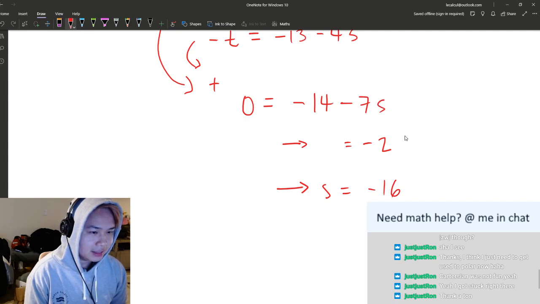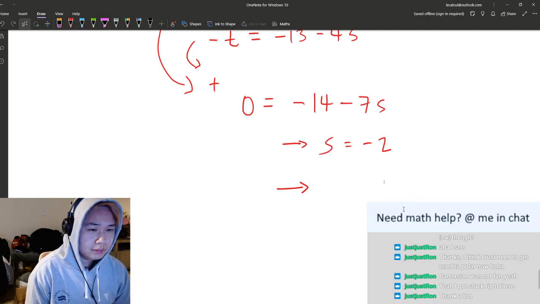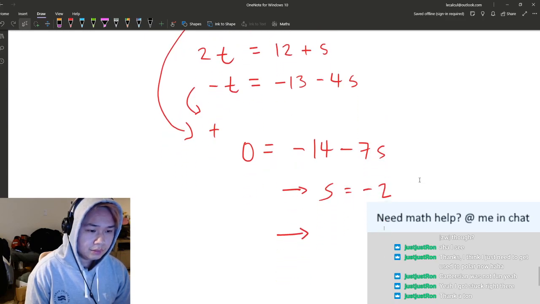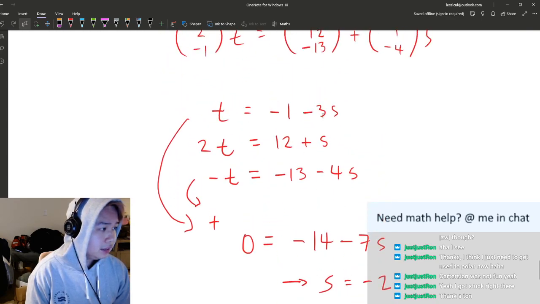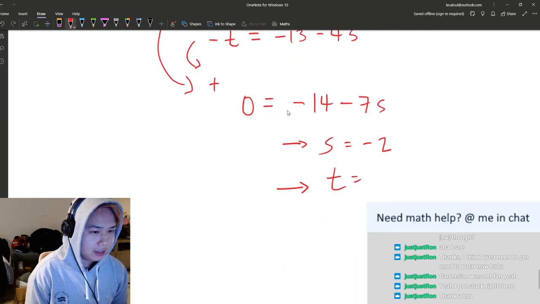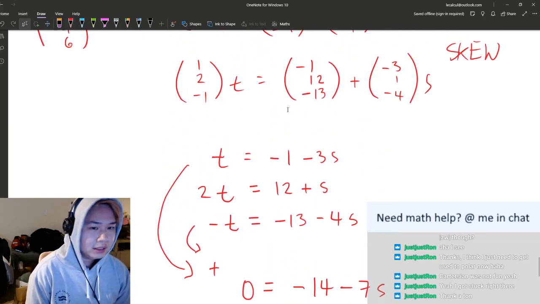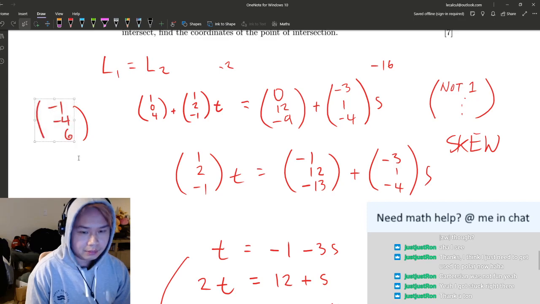This was supposed to be s, so then this is s. So then this is -2, so that's 6, so then t is 5. Okay. So this changes everything. Great.